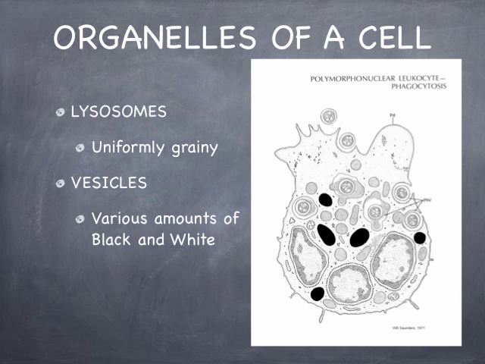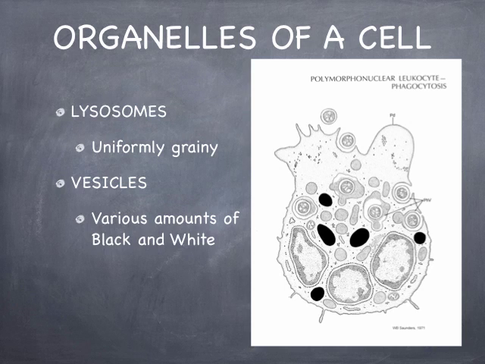It turns out that that graininess inside a lysosome represents digestive enzymes that have been produced by the white blood cell. When the lysosome touches a vesicle, the two membranes unite and all of the digestive enzymes then mix with the vesicle and begin to literally take apart, digest, and destroy the bacteria.